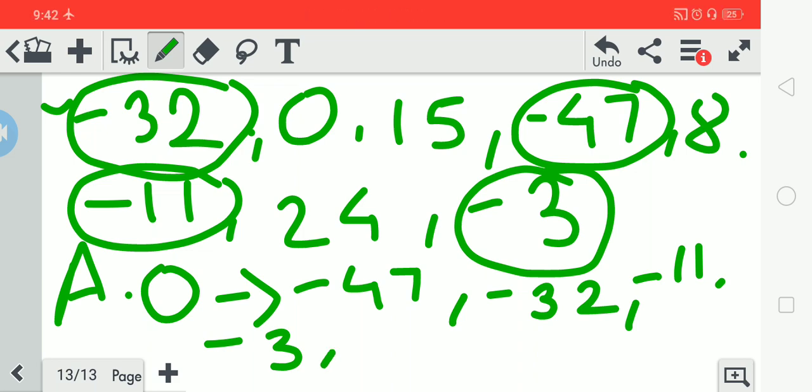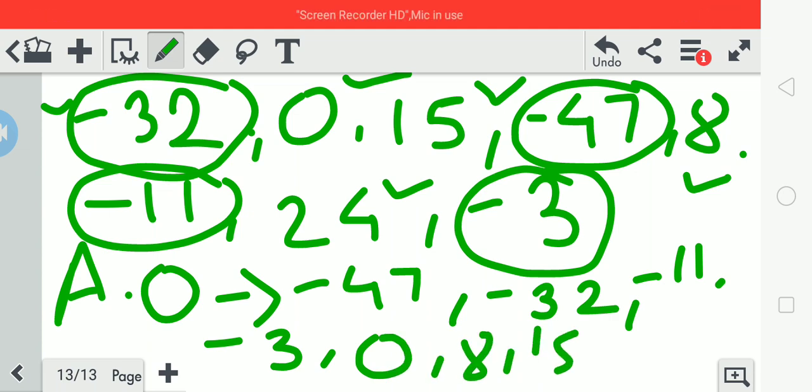Now the positive numbers are 0, 15, 8 and 24. Normally we do the ascending order of positive integers the same way. First will come 0, then 8, then 15 and lastly 24. So this is the ascending order. So what we have done here is make two parts: first the negative integers and second the positive integers, right?